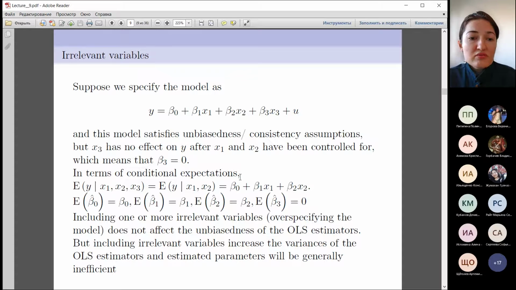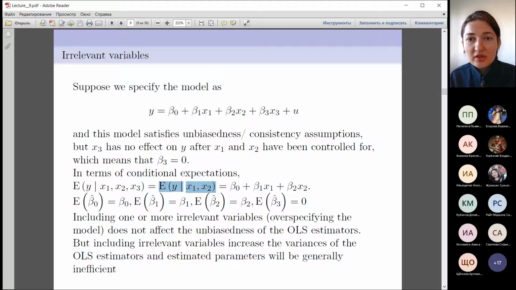So if you want to explain this idea in mathematical language, we can use the expected value, and we can write in this notation that the expected value of your dependent variable that depends on x1, x2, x3 is just equal to this equation, and the expected value of the beta 3 coefficient just equals 0.